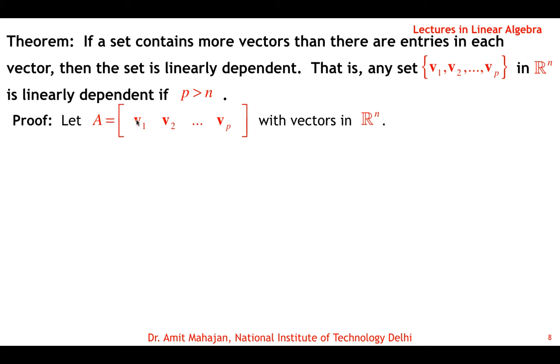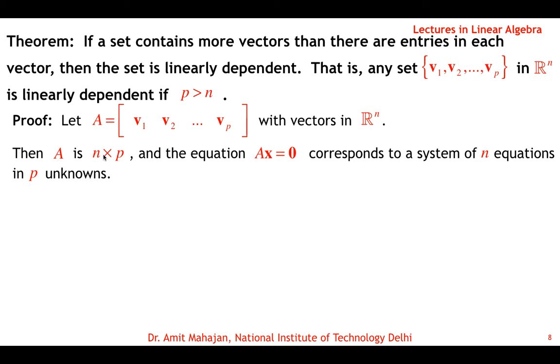That simply means each has n entries. That means A is a matrix with n rows and p columns, so A is an n cross p matrix, and the homogeneous equation Ax = 0 corresponds to a system of n equations and p unknowns, because there are n rows, and the x vector will have p elements because there are p columns.